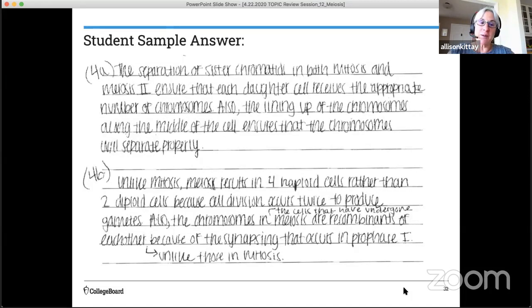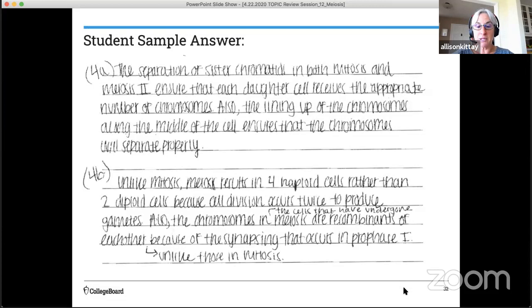Okay, so here's a sample answer that you can take a look at. That was a stellar answer. The separation of sister chromatids in both mitosis and meiosis 2 ensures that each daughter cell receives the appropriate number of chromosomes. Also, the lining up of chromosomes along the middle of the cell ensures the chromosomes will separate properly. And then in 4B, unlike mitosis, meiosis results in 4 haploid cells rather than 2 diploid cells because cell division occurs twice to produce gametes.